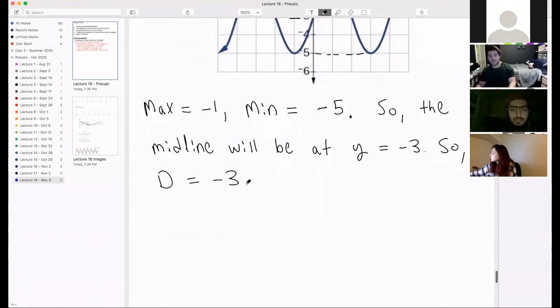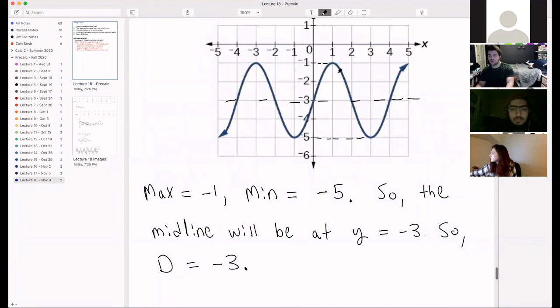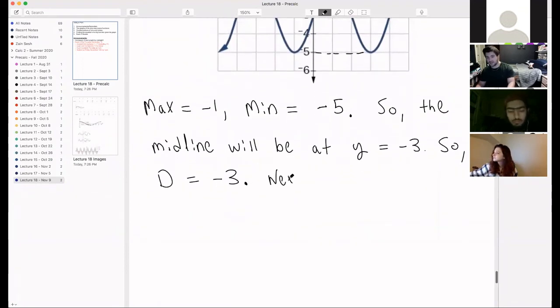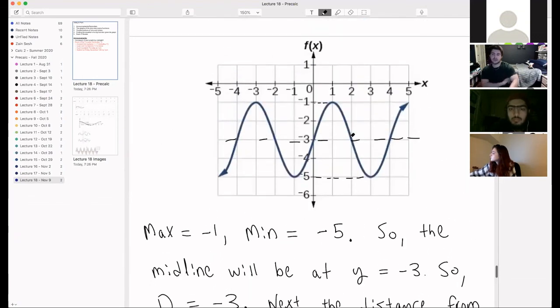Very good. Now, to find the amplitude, you just do the distance from the midline to the maximum. So next, the distance from -3 to the max, -1, is, well, you just need to look at how many units the midline is from the maximum.